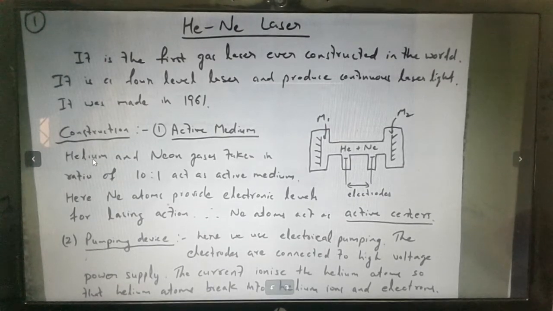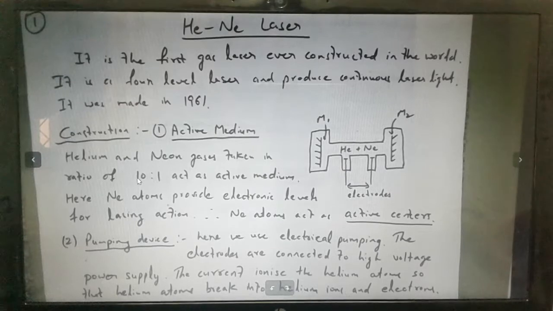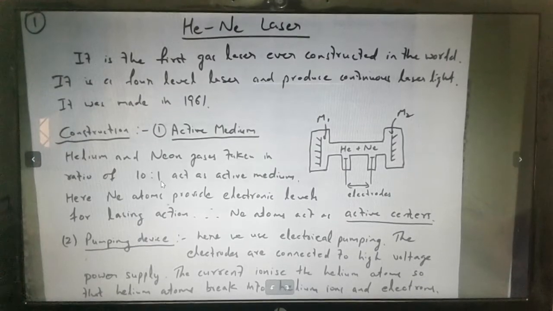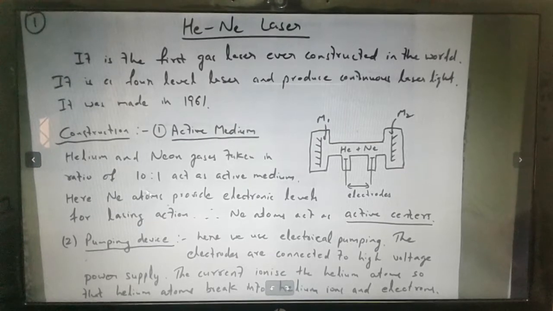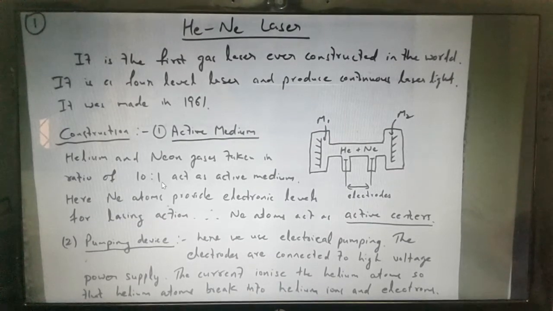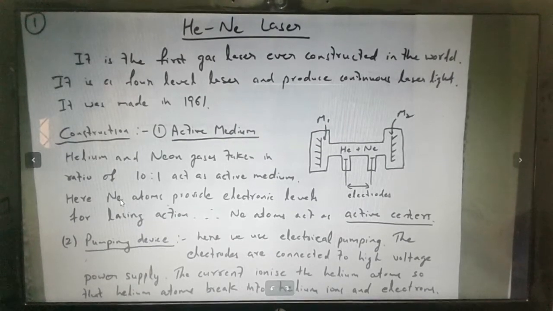Both gases are mixed in the ratio 10:1. That means we take 10 parts of helium and 1 part of neon gas.